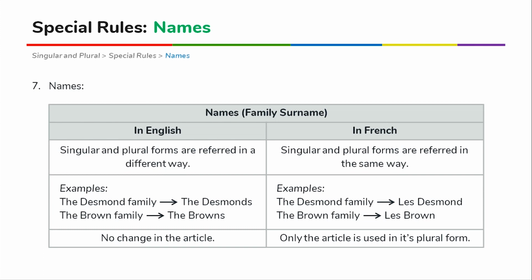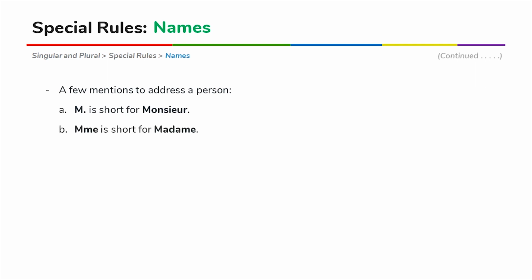By now, you must be aware of the French words for Mr. or Sir, Mrs. or Madam, and Miss or Young Lady. Based on that, here are some abbreviations which you can use to address a person. M. is short for Monsieur. Mme is short for Madame.